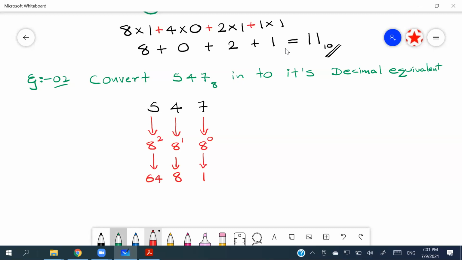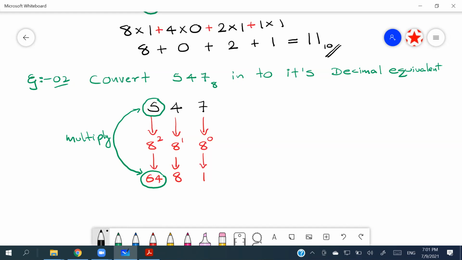So the same is going to happen. You are going to consider the place value, you are going to consider the symbol value, and you are going to multiply, right?